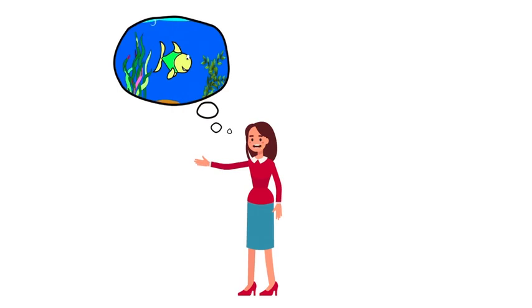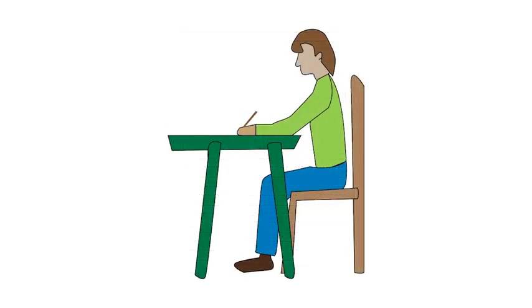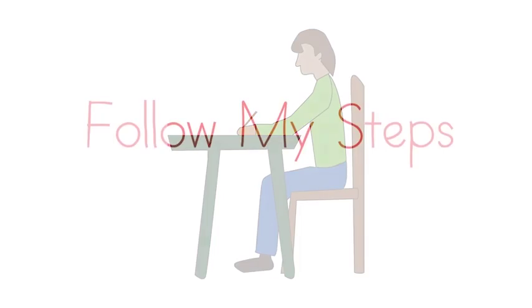Let's write a sentence that tells about this idea. Have your sentence organizer in front of you. Get into writing position. Sit up tall in your seat, feet flat on the ground, and have your pencil in your hand, ready to write.